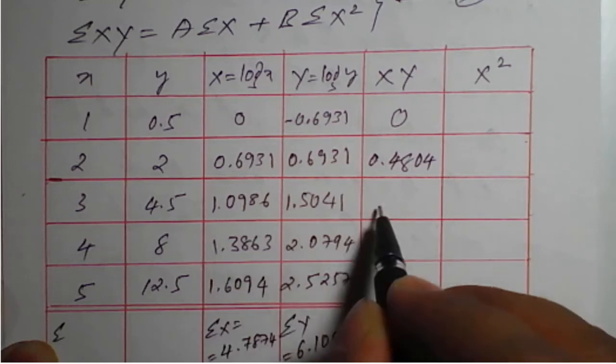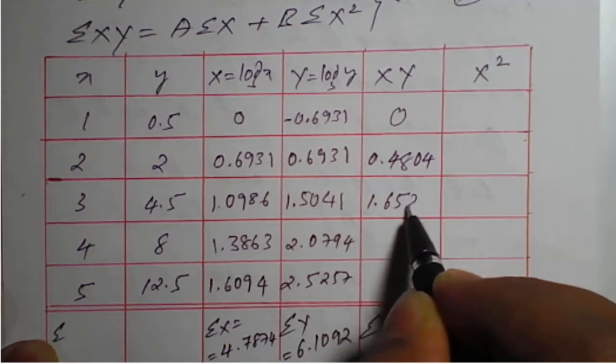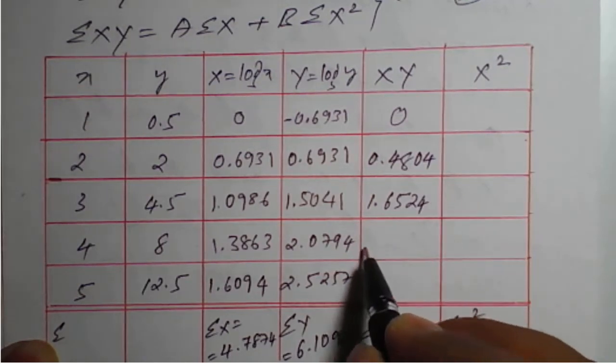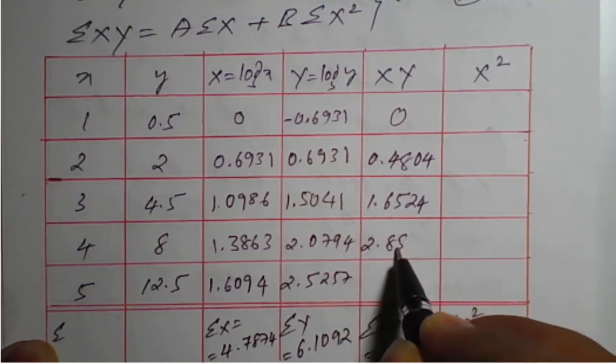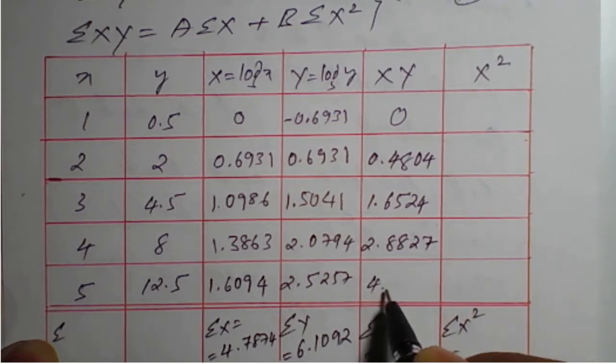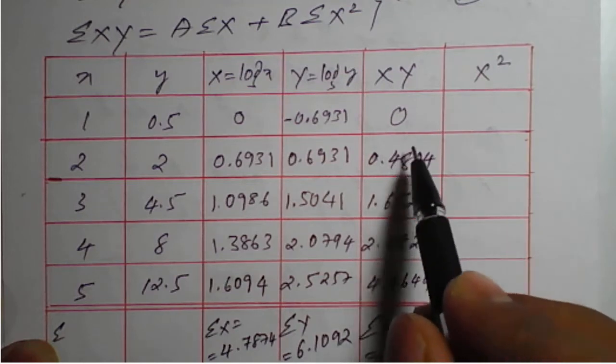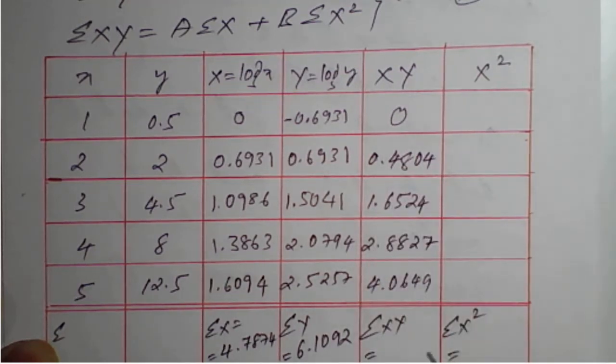Next, on multiplication of this, we'll get 1.6524. Then next is 2.8827. Then next one is 4.0649. So on adding these, we'll get the summation of xy, which will be 9.0804.